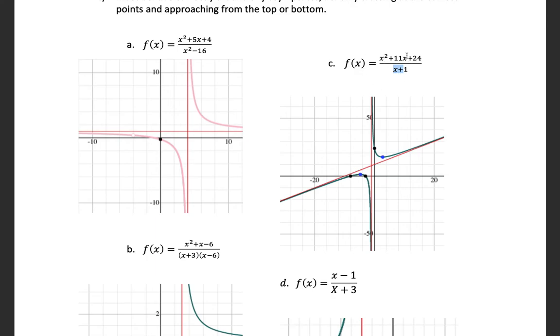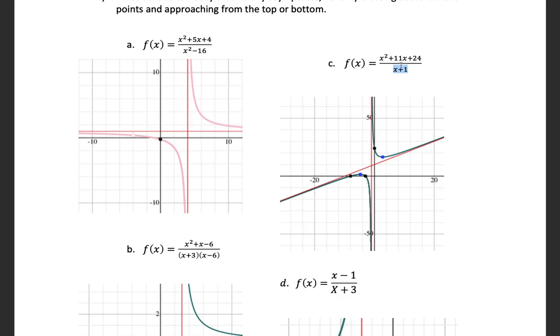That means in this question we will have an oblique asymptote. If you divide this by this, you will get the equation of the oblique asymptote, and then you can plot it to get the graph.